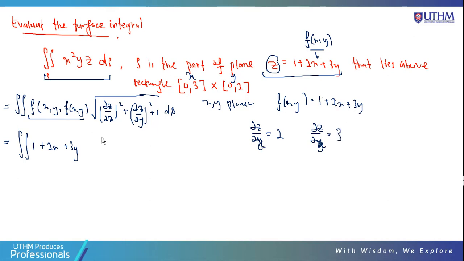Then you substitute here, multiplied by the square root of 2 squared plus 3 squared plus 1, dA. So you will get 4 plus 9 plus 1, 14. So take root 14 out, because this is a constant, 1 plus 2x plus 3y.